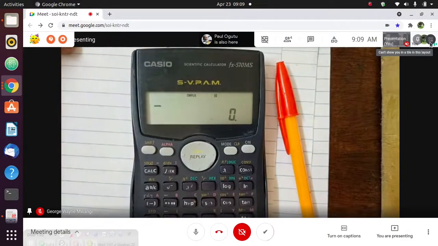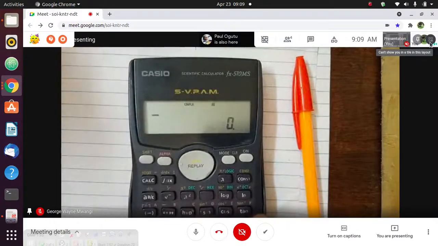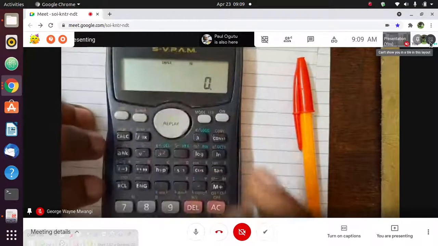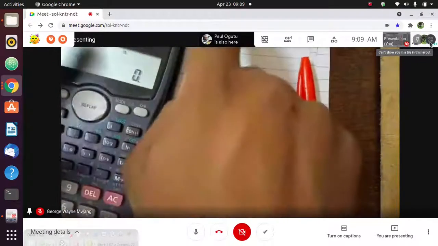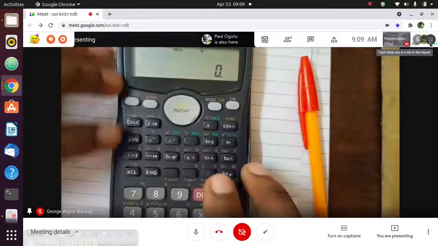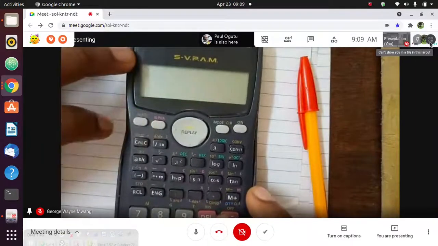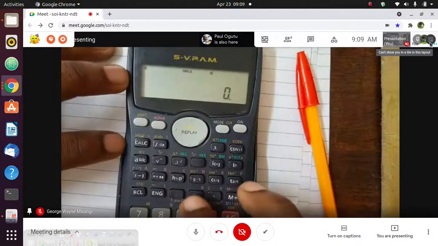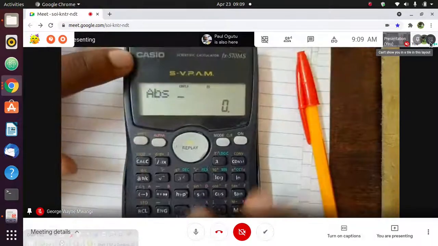For us to change this complex number to polar form, we will press shift, and then start with absolute. I want you to be able to get this in your calculator.